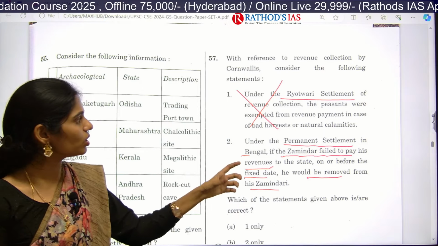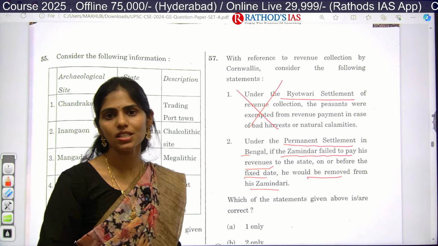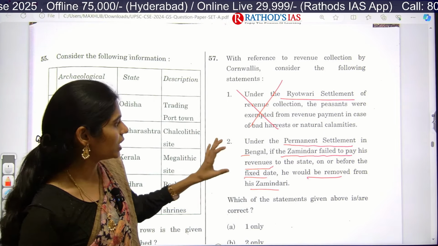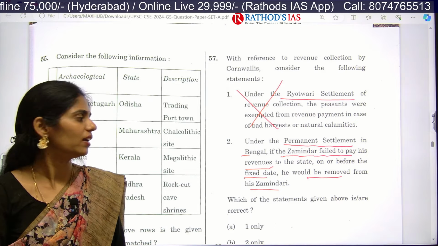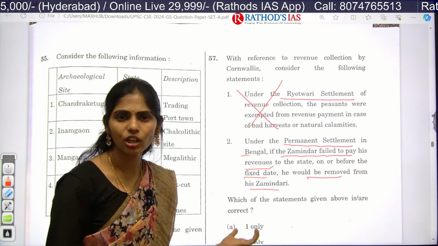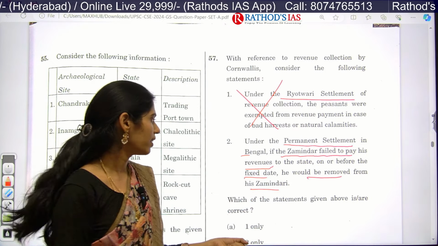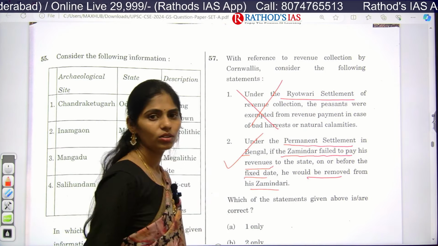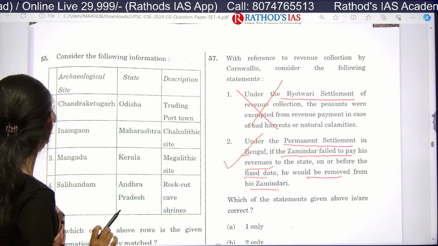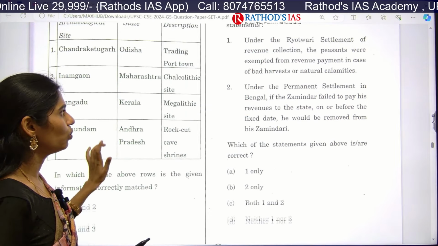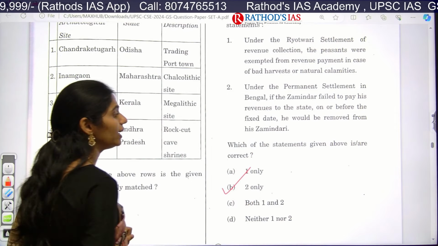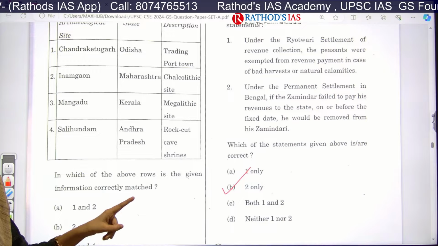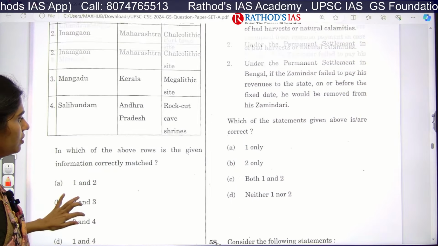So with general knowledge also you can say this first statement is incorrect. And the second statement, yes, if this Zamindar is failing to pay the revenues to the state, then obviously they will be removed, right? So the second statement is absolutely correct. So how many statements are correct? One statement, right? So which is that? B, 2 only. 2 only is the correct answer for this question.